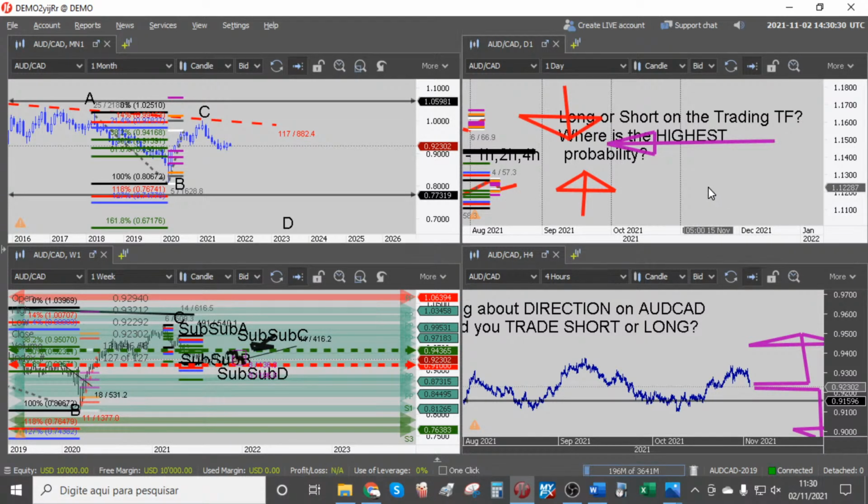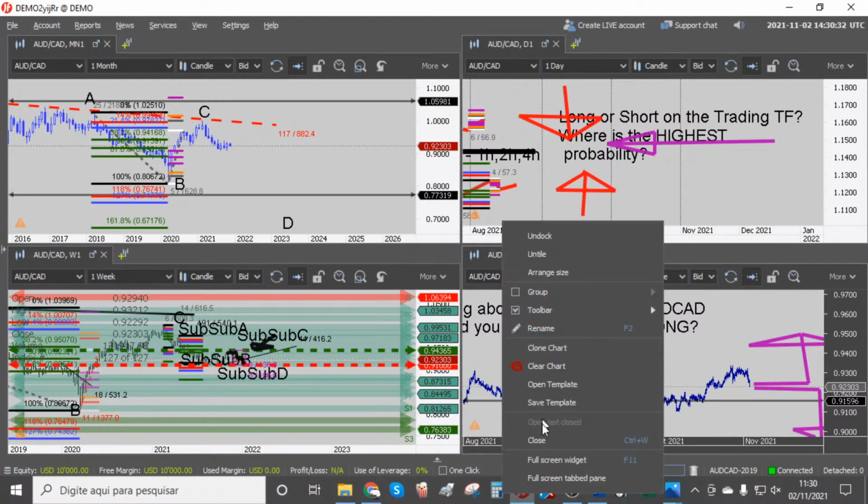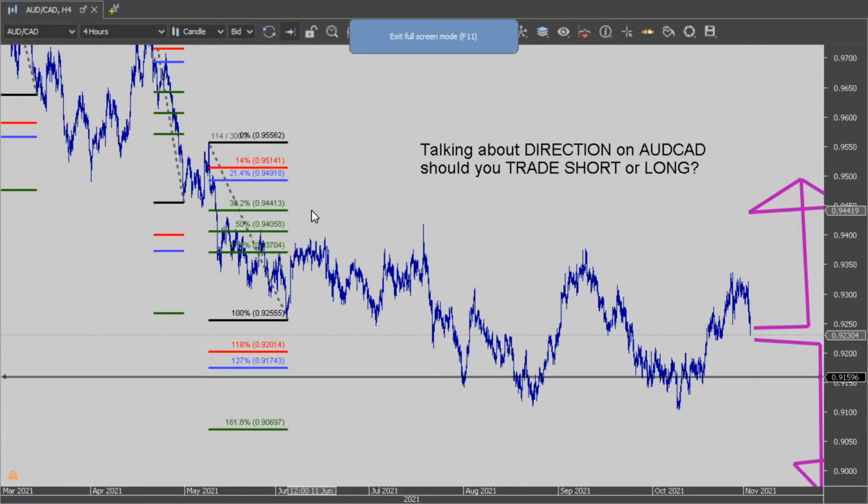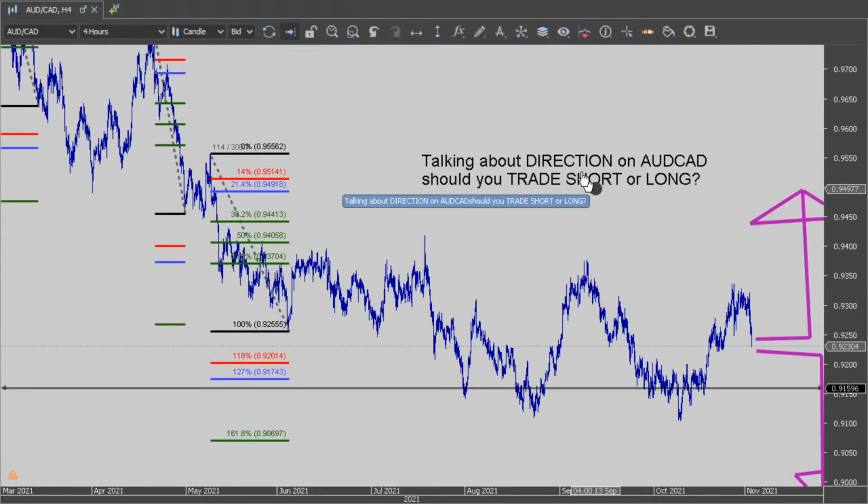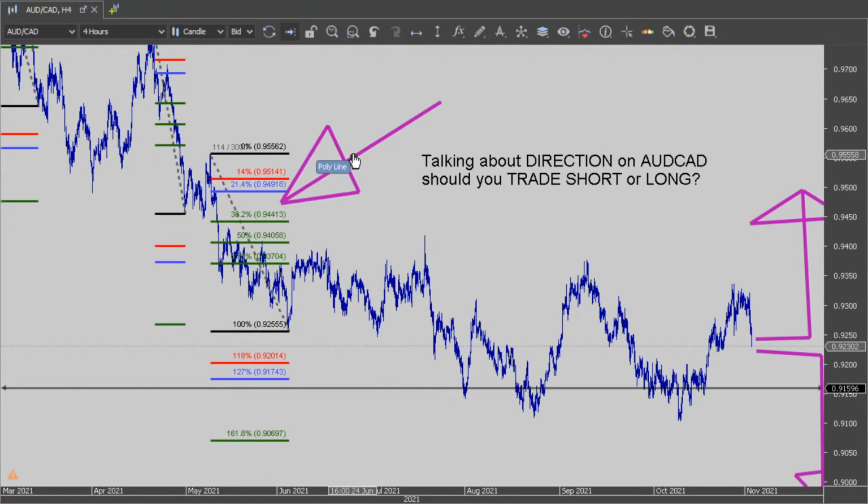AUD-CAD daily chart, trend direction down, according to the Fibonacci. AUD-CAD 4-hour chart, trend direction down, according to the Fibonacci. Why would you go long? No, I'm not saying that Patil is wrong, everybody. I'm just asking questions. Make sense?